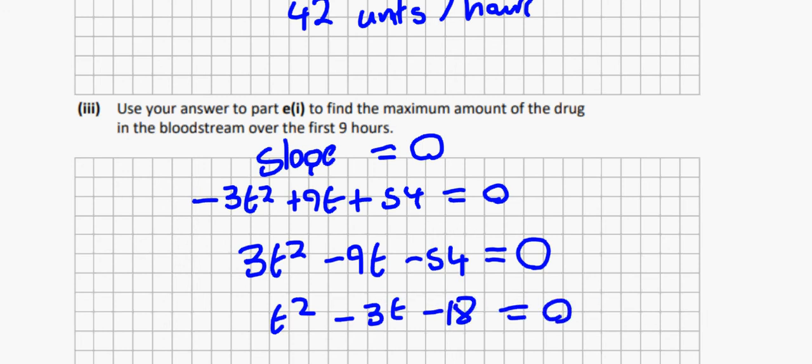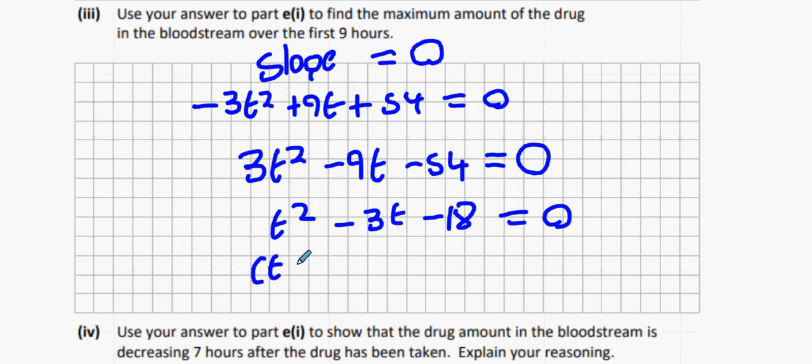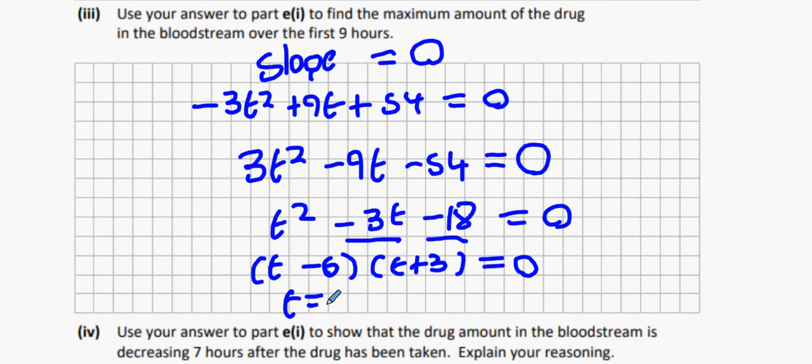I'm then going to get t minus 6 and t plus 3 equal to 0 when I factorize this quadratic. 2 numbers to add to give you minus 3, but multiply to give you minus 18. And then finally we're going to get t equals 6 or t equals minus 3. Which answer did we say it was again? 6. T equals 6.